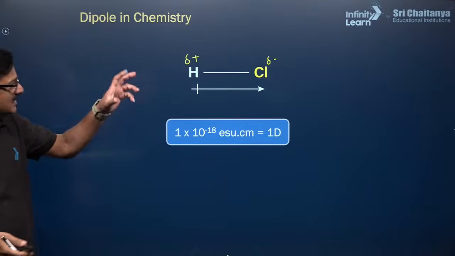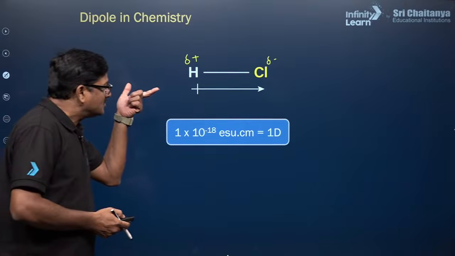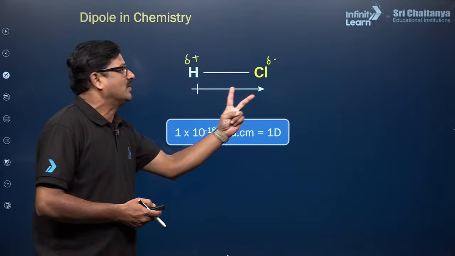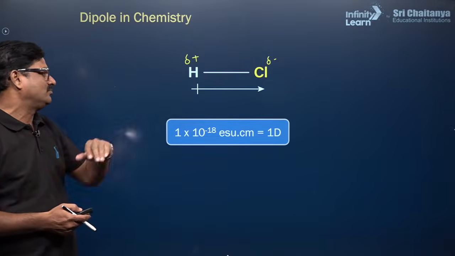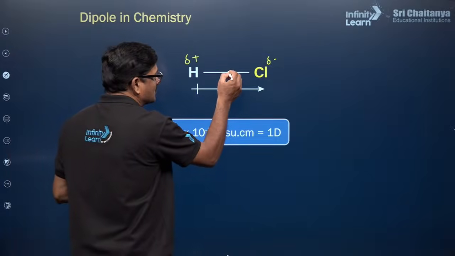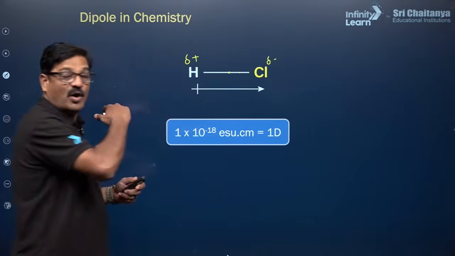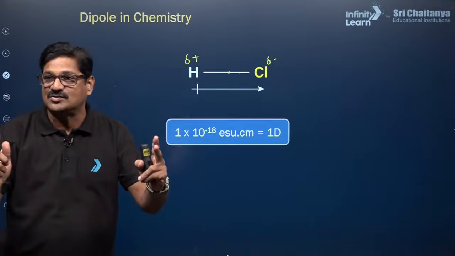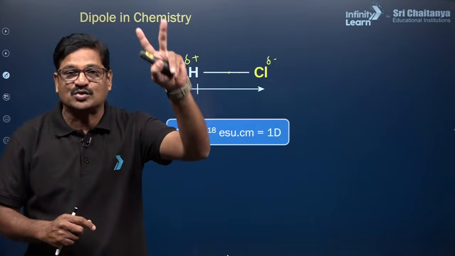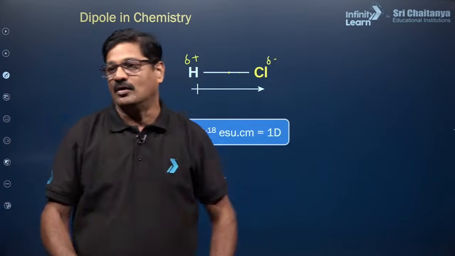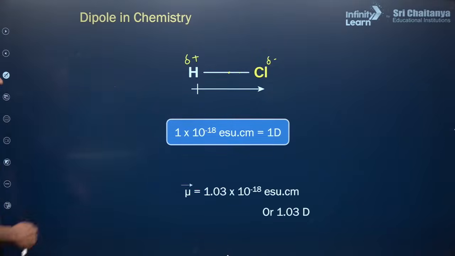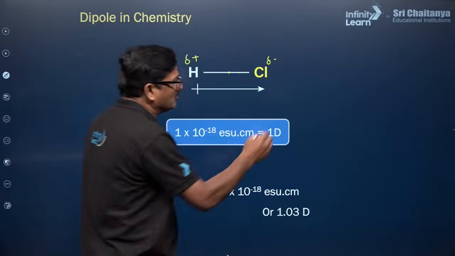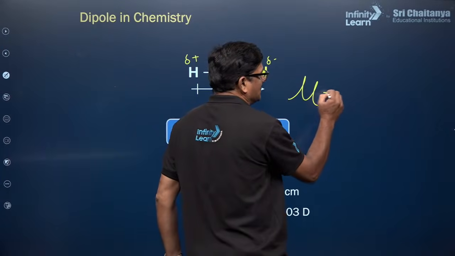Because of this, you get two poles, a positive pole and a negative pole, by the movement of the bond. So, it is said to be bond moment, and the existence of two poles is called a dipole, and this is called the dipole moment, mentioned with mu.